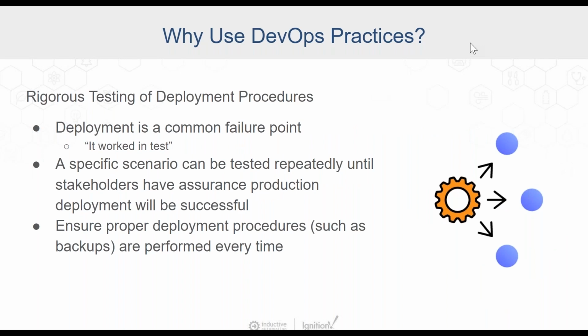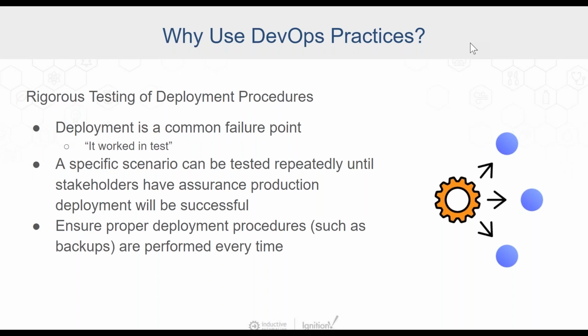Now, one of the key failure points that I see in a lot of customer projects is with deployment. So the old joke, hey, it worked in test or it worked on my system. It's a tired joke in software circles. We've probably all said it, but that's not acceptable for your production use, right? Especially when other people, your business is relying on this.